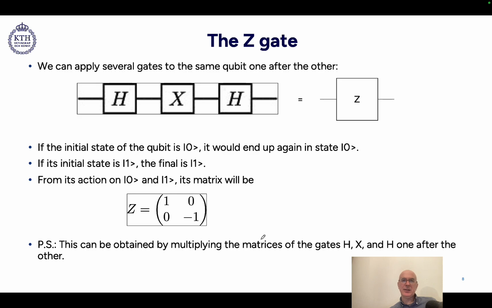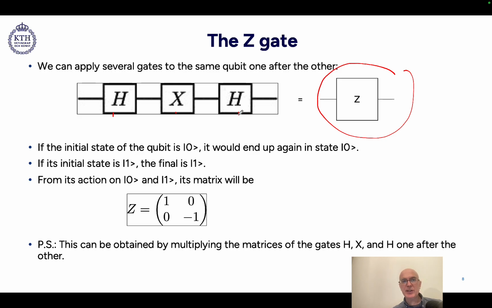Let's look at another important gate that is called the Z gate. By combining the previous Hadamard gate and the NOT X gate, we can obtain the Z gate. So we apply first Hadamard, NOT, and again Hadamard in a sequence. This also corresponds to multiplying matrices, the single matrix formulation of these three gates. So what it does is quite interesting.